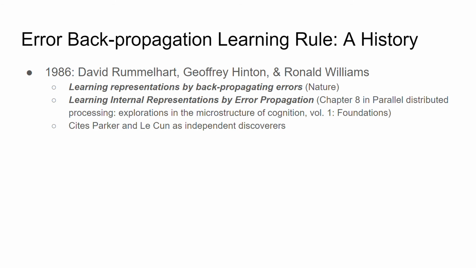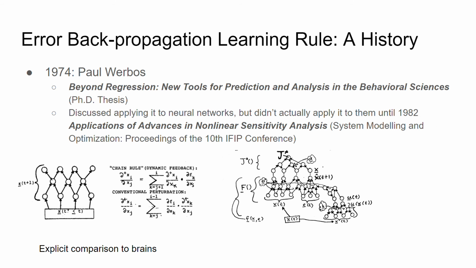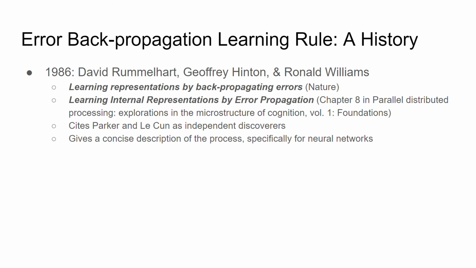The '86 paper does indicate both Parker and LeCun as independent discoverers. That's good. The other earlier ones, people only found later. They certainly weren't as widely popular or as widely known.